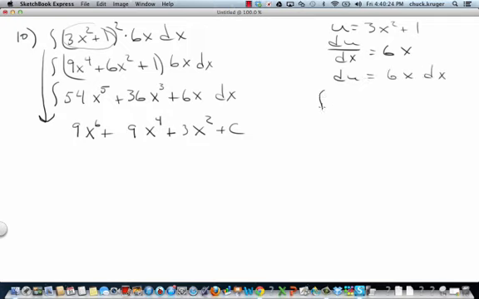And so what I have here is u to the third du, and that's going to be 1/4 u to the fourth plus c, or 1/4 parentheses 3x squared plus 1 to the fourth plus c. And if I did that, I would get exactly the same answer.